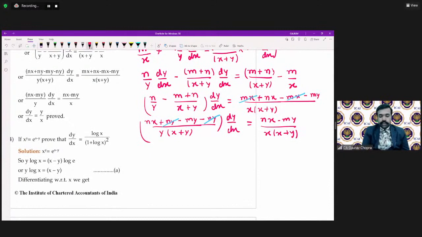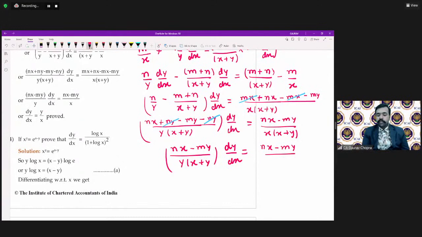So again, what are we getting in common? We are getting in numerator nx minus my, whole divided by y and then x plus y, dy by dx. On right hand side we are getting nx minus my again, divided by x and then x plus y.